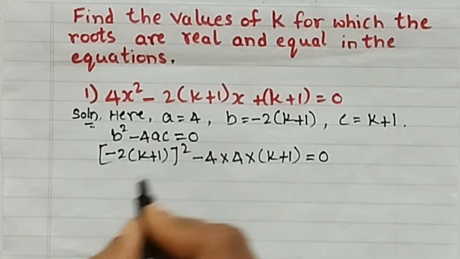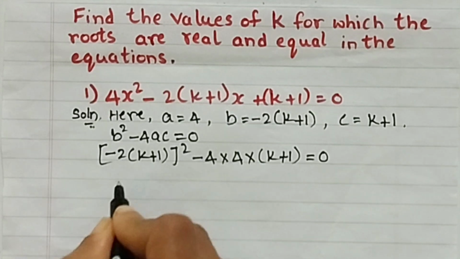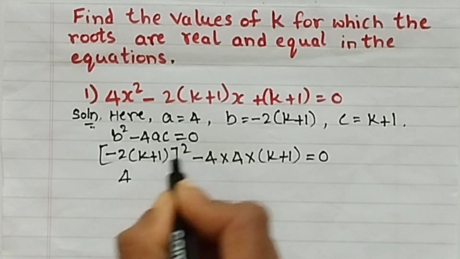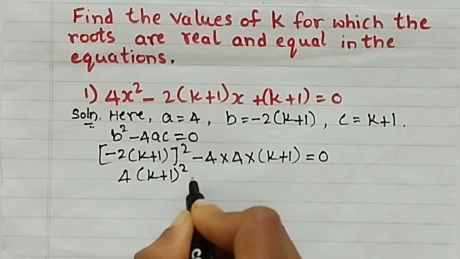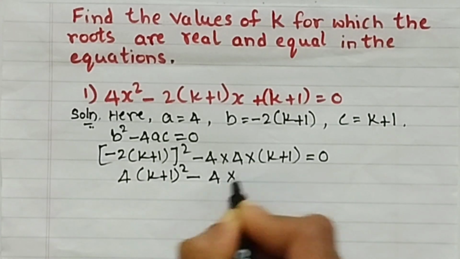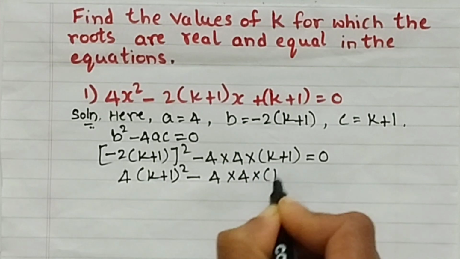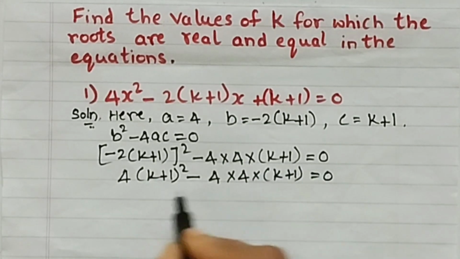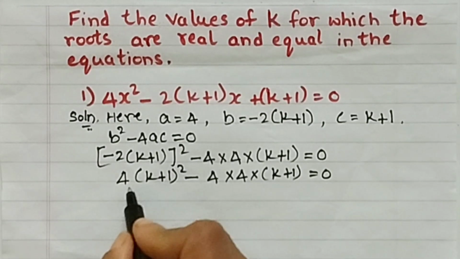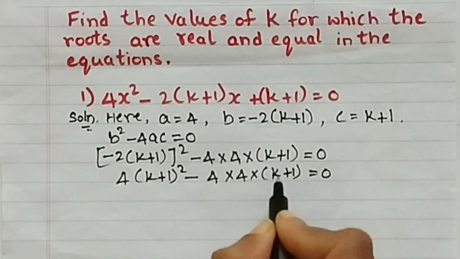Simplify: minus 2 whole square is 4, (k+1) whole square, minus 4(k+1) is equal to 0. Here in these two, 4(k+1) is common.